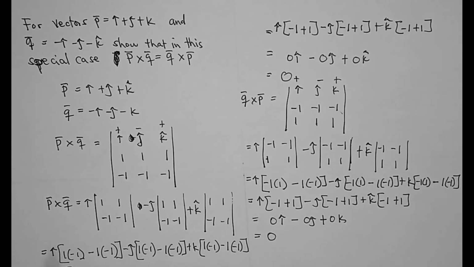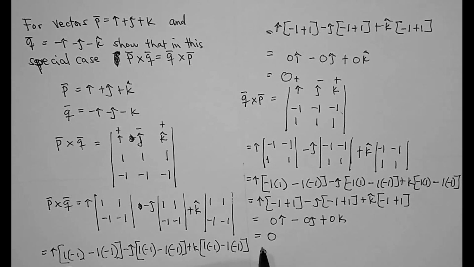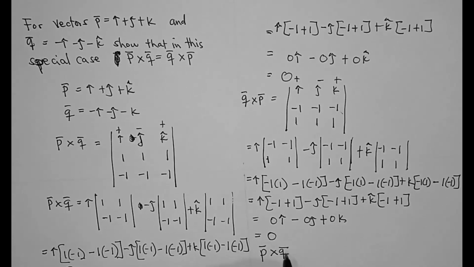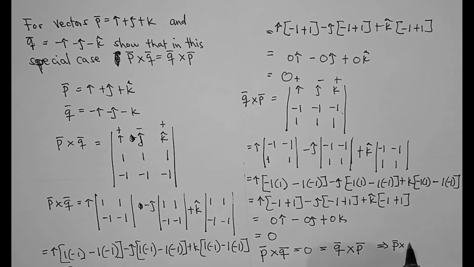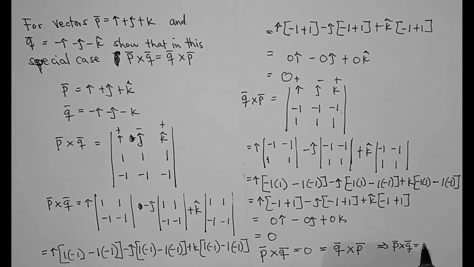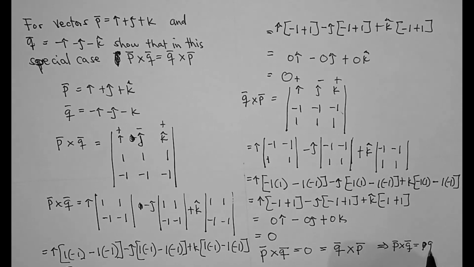So you see that vector p cross vector q is equal to 0, which is also equal to vector q cross vector p. And therefore, this implies that vector p cross vector q is equal to vector q cross vector p.